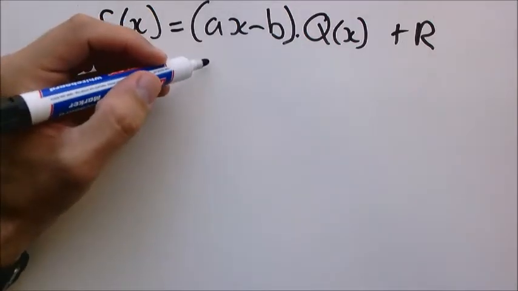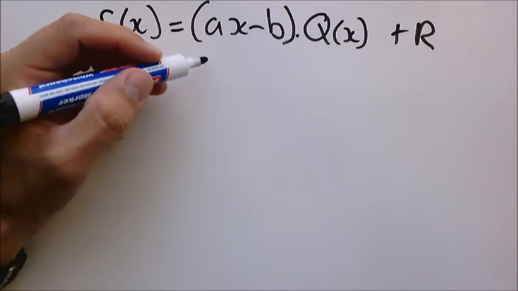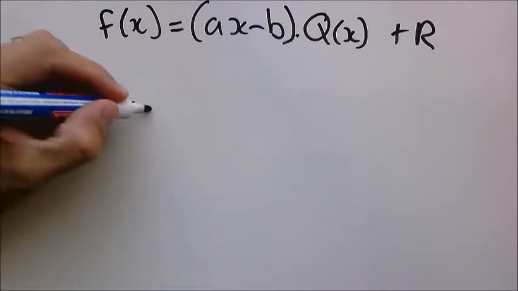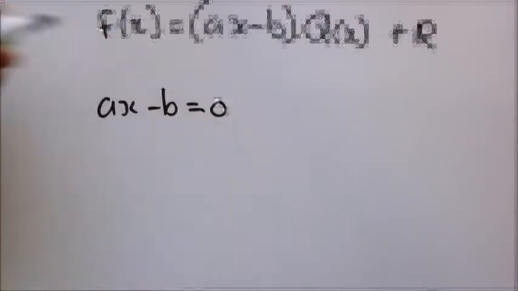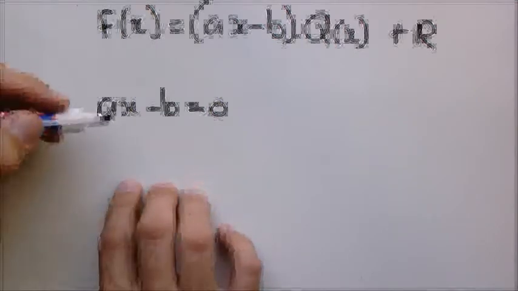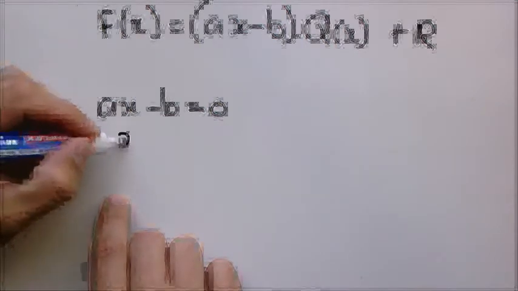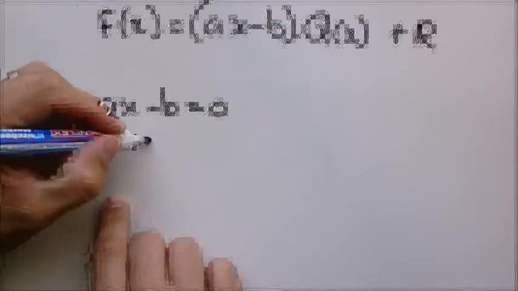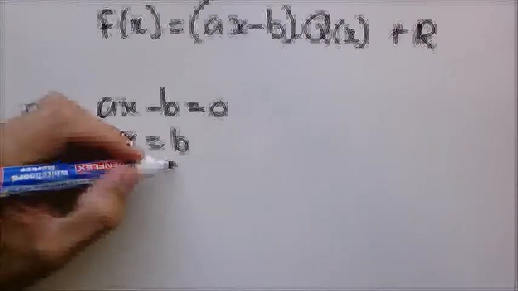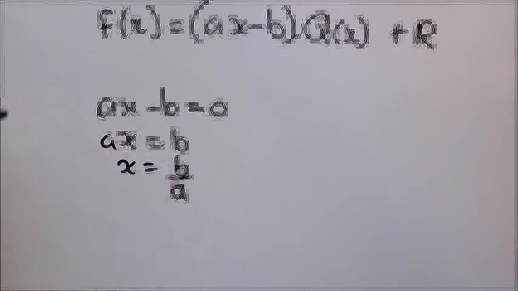If we would say that ax minus b is equal to 0, let's just quickly do that. ax minus b is equal to 0. Remember, that will only happen if it's a factor, right? And I want to solve for x. ax will be equal to b. x will be equal to b over a.